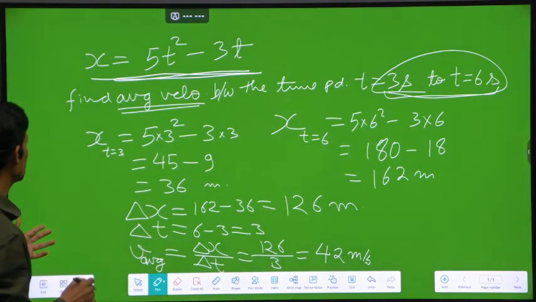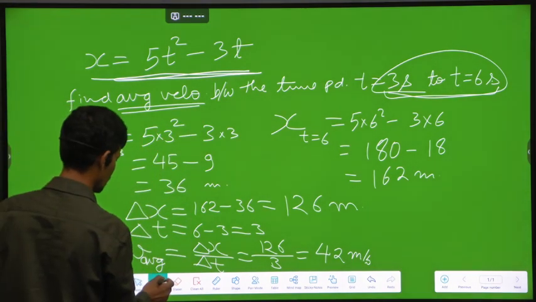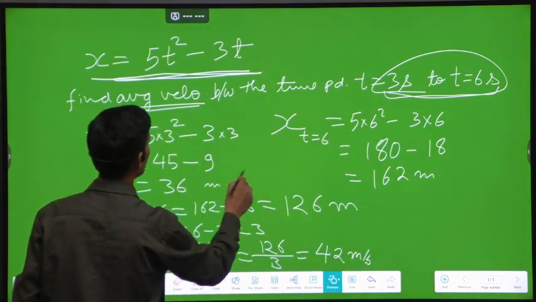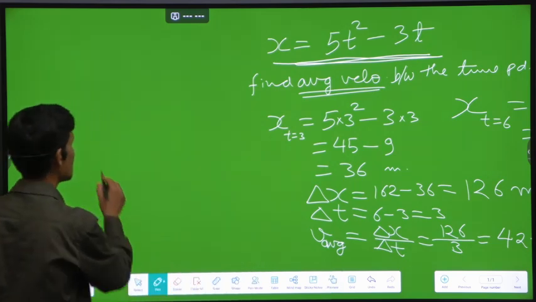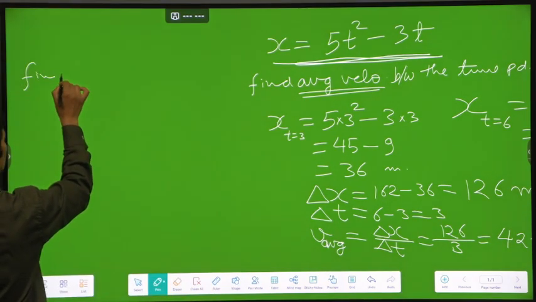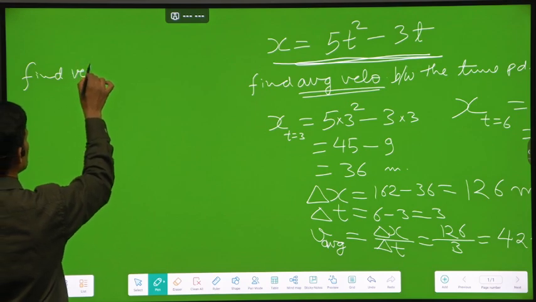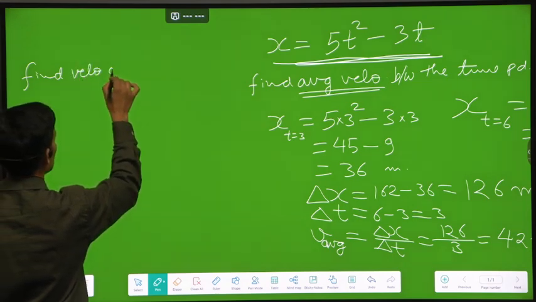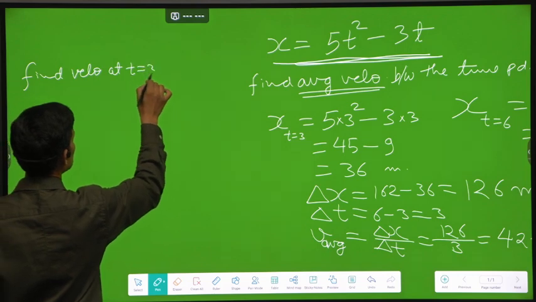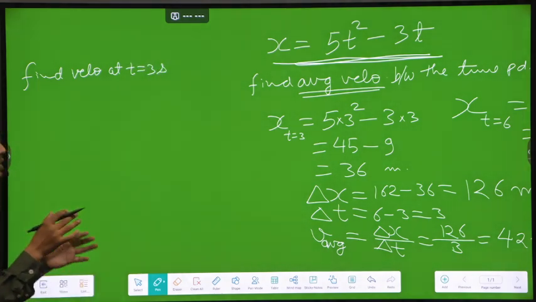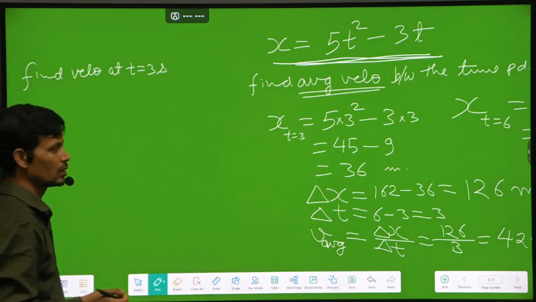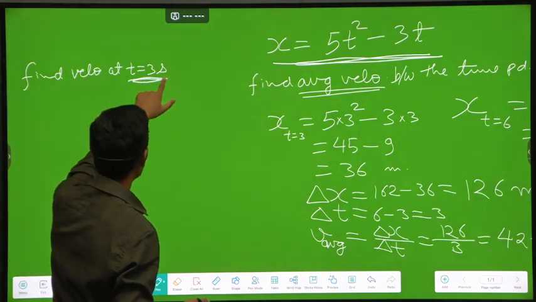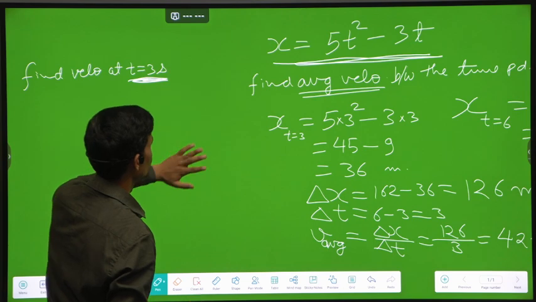If in the same question they ask to find velocity at t equal to 3 second, what is the velocity of that object at this instant only, at this 3 second instant only?